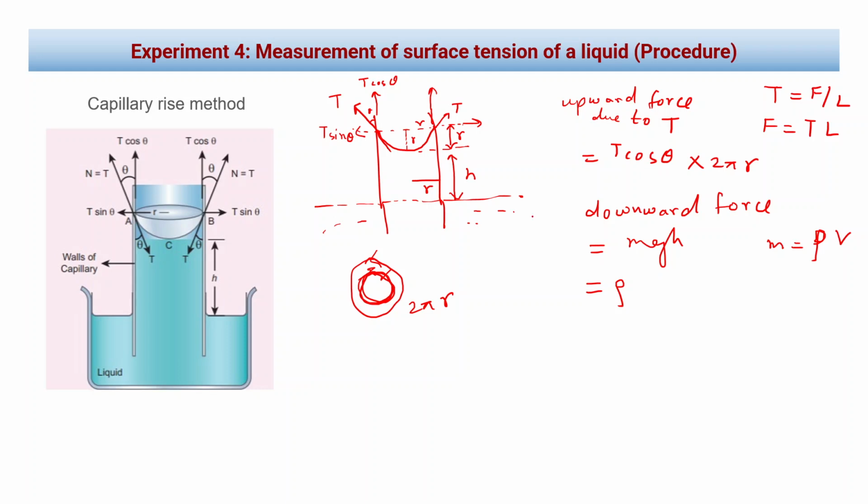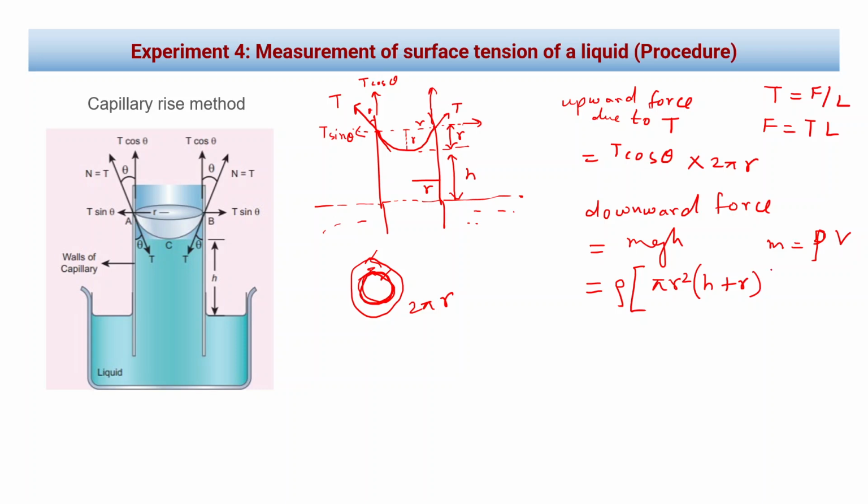So volume of cylinder is what? Volume of cylinder is pi r square h. Here the height of this cylinder is this h plus this r.